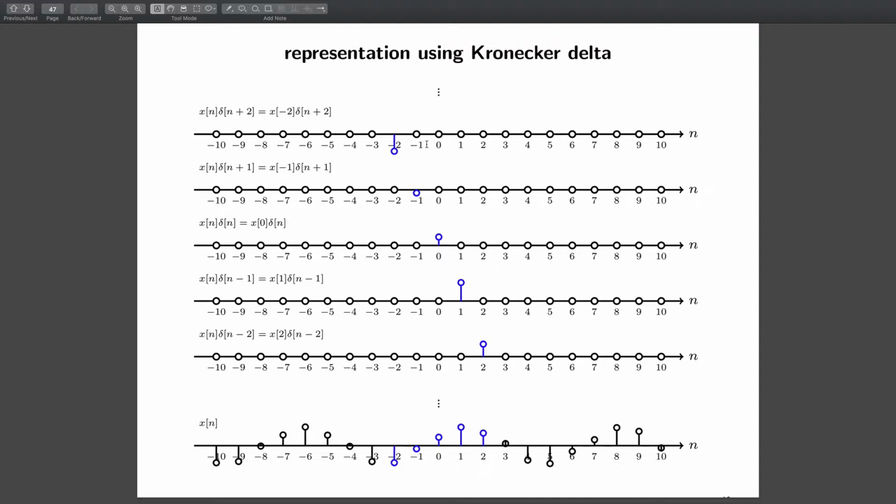If you add these all together, at any time we're adding a non-zero value to an infinite number of zeros, and so we just get that non-zero value. So here is the signal x of n. It's some kind of a sinusoidal type signal. But we see here that we can represent this signal as an infinite sum of delayed and scaled delta functions.